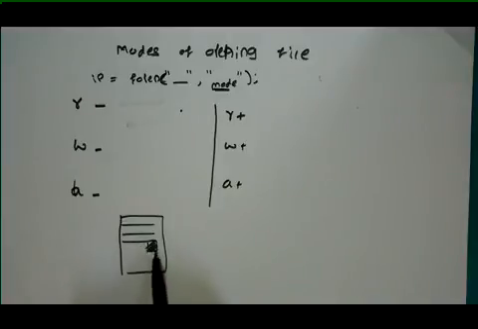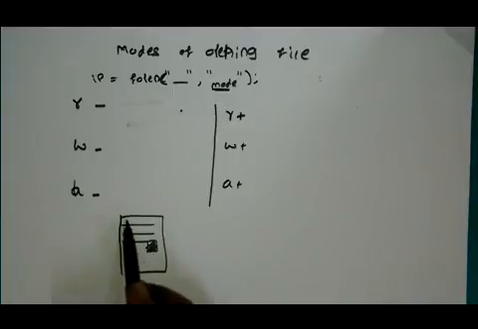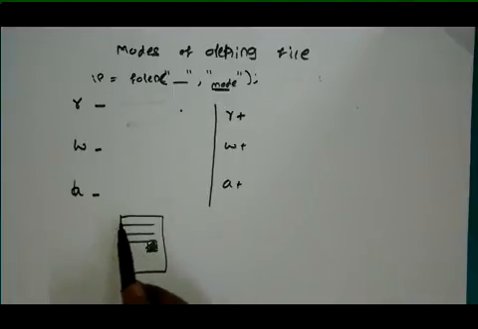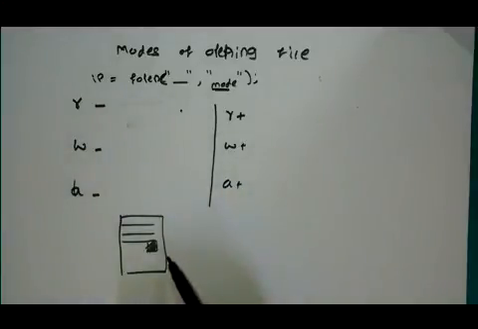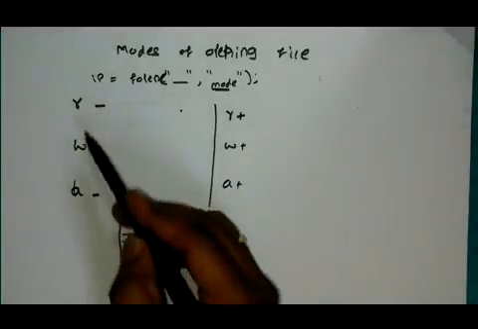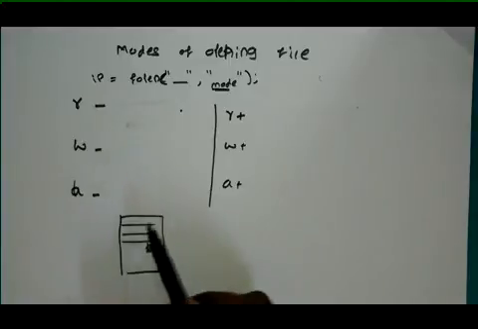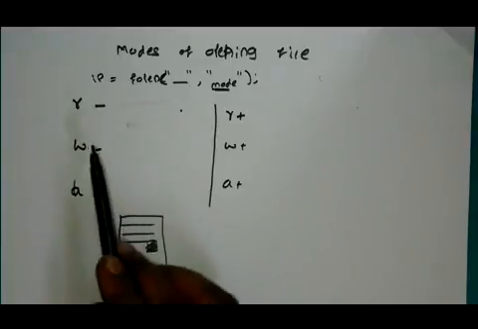W plus, you can open a file for write as well as read. A plus, you can open a file for read as well as append. But the only thing is that with A plus, you will not be able to modify any of the existing contents. So remember to write a few points about each and every mode.